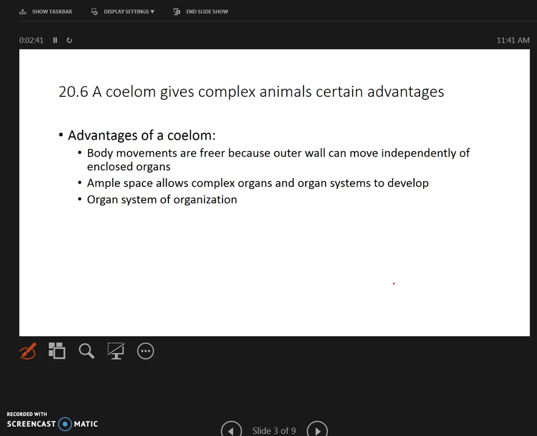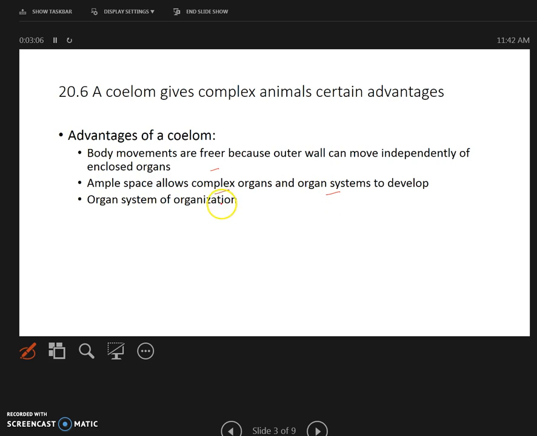Well, what are the advantages of a coelom? Coelom gives many advantages. Body movement: the body movements are much more free because the outer wall can move independently. Ample space for complex organs and organ systems. No longer are we at the cell or tissue level; we are at the level where complex organ systems can develop.